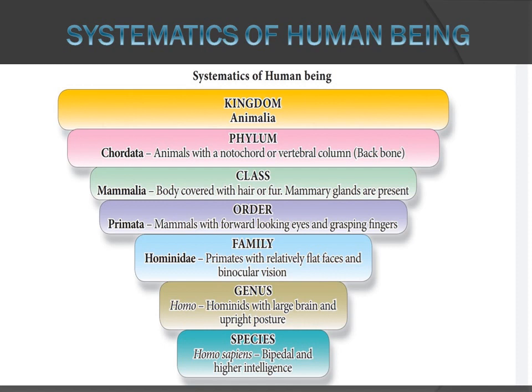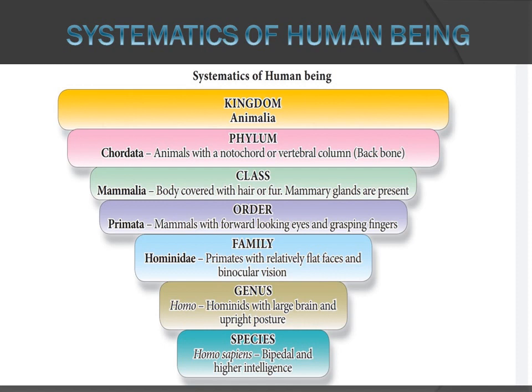Hominidae has characters, a flat face and binocular vision. Flat face will be there, so that's why it comes under the family. It's a character of this family Hominidae. So human beings come under the family Hominidae. Okay, then family Hominidae consists of the genus Homo. The character of Homo is a large brain with upright posture, straight posture will be there.